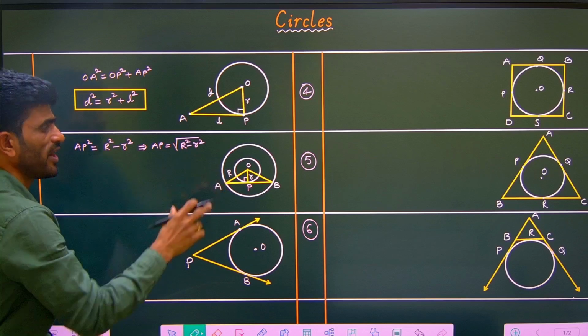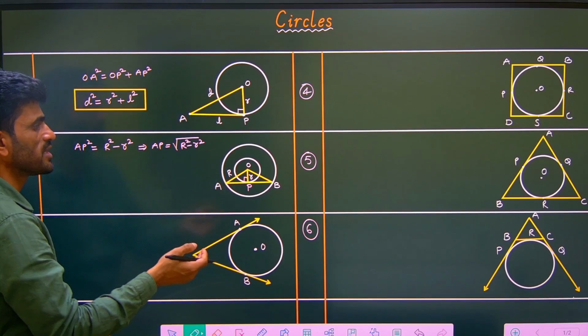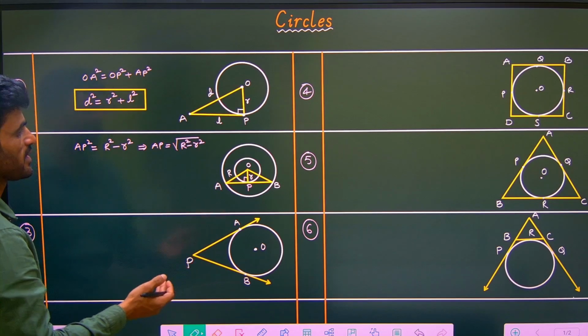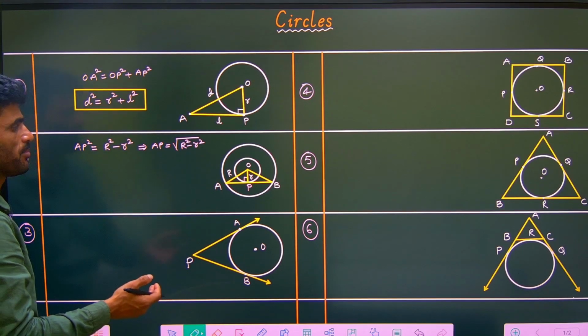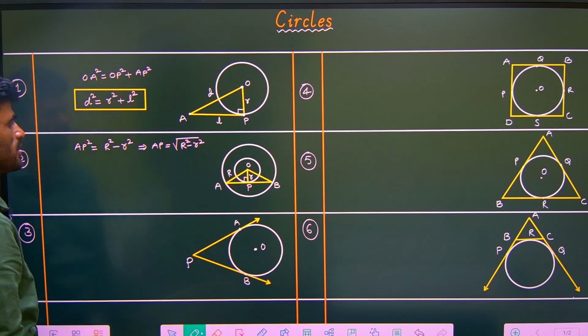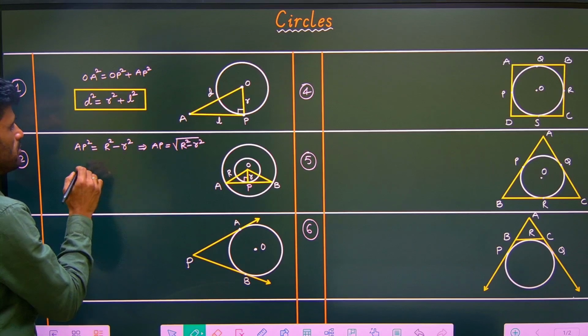They will ask you to find the length of the chord. How will the question be given? In two concentric circles, the chord of the bigger circle touching the smaller circle at point of contact P. Then find the length of the chord of the larger circle. Then we can find it using this formula.